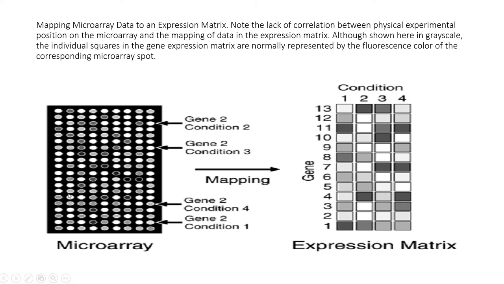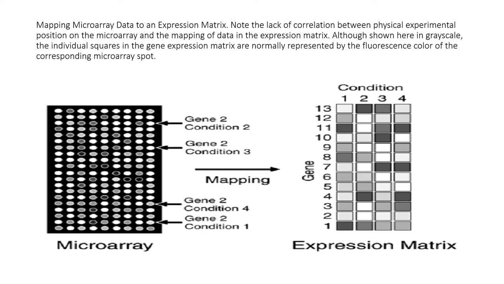Here you can see on the glass slide we have the genes in the lower panel from condition 1, and just above condition 1 we have the genes of condition 2, then condition 3.